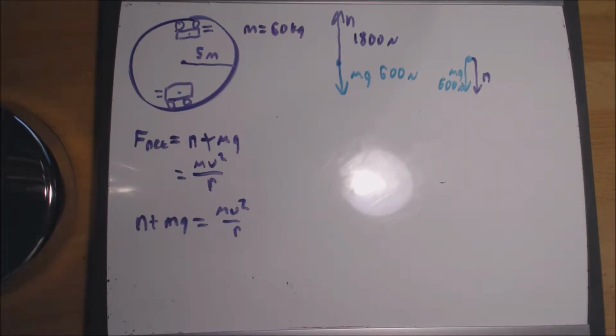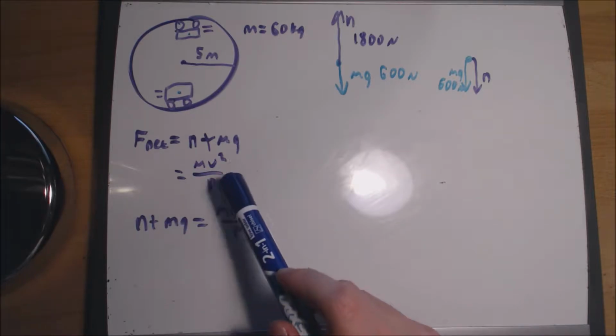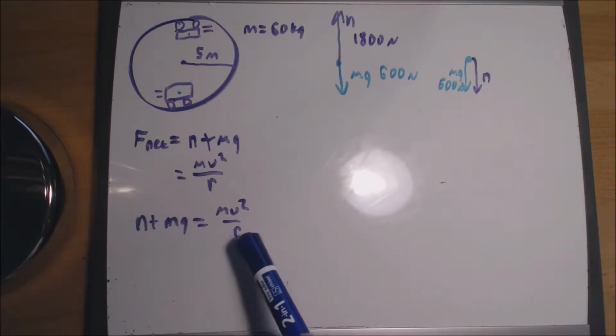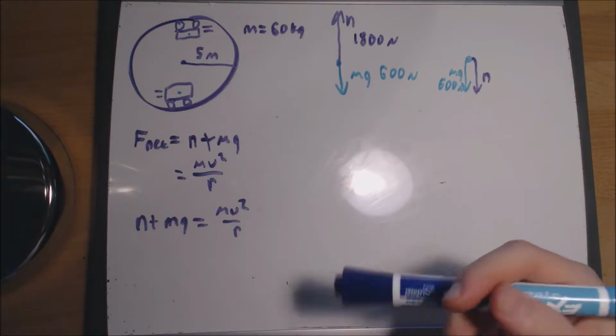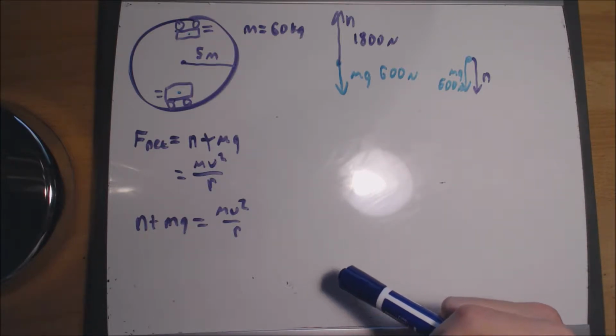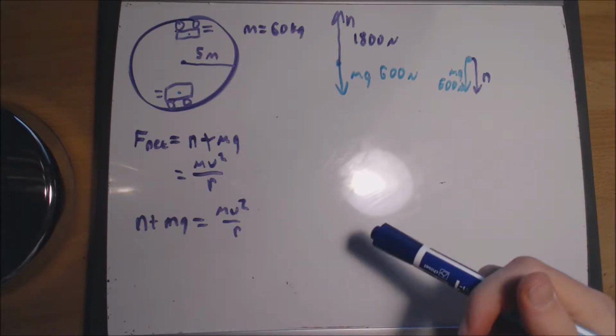How does he feel at the top of the circle? We got F net equals N plus mg. F net also equals mv squared over r because he's still in circular motion, so N plus mg equals mv squared over r. Now, in order to figure out how he's feeling, what that's really talking about is how much normal force does he feel?